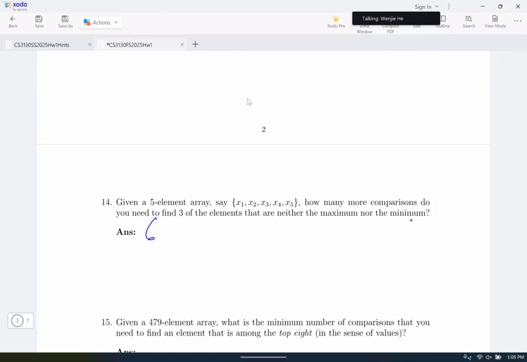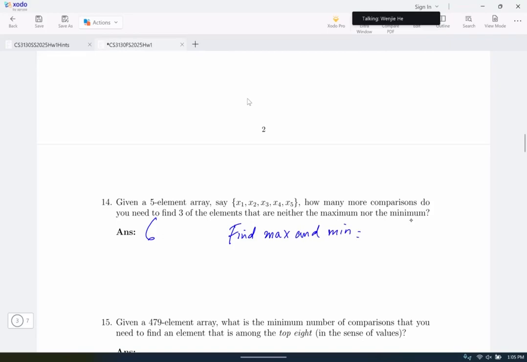But we know how to find the maximum and minimum. If we eliminate the maximum and minimum, the remaining 3 form a solution, right? So we need to find the max and min.